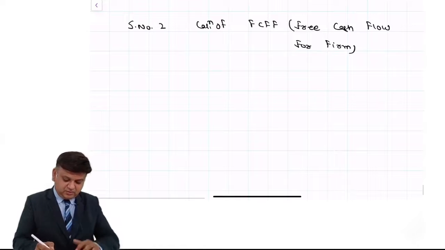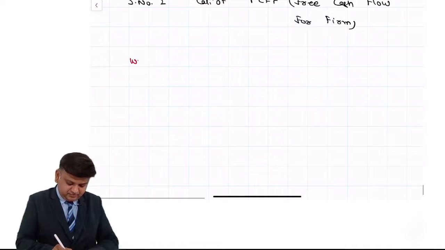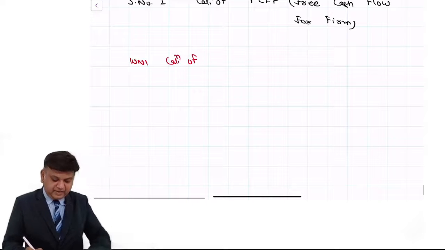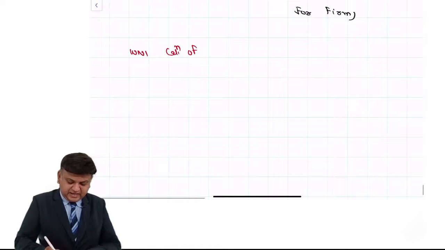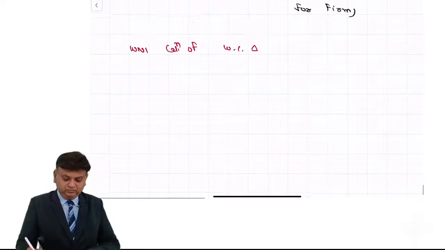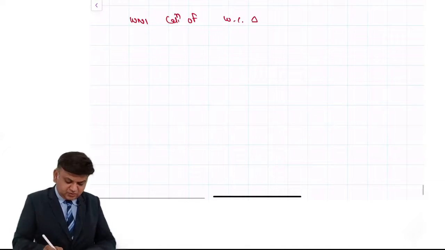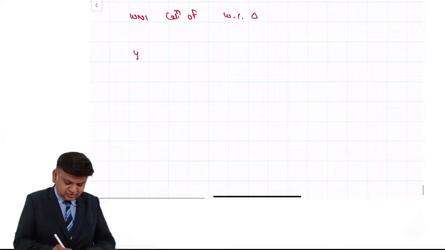In that, write down working note number 1. Calculation of, first of all, the working capital change. Dear students, we will make this calculation for 3 years.